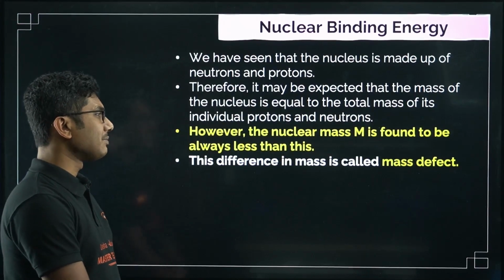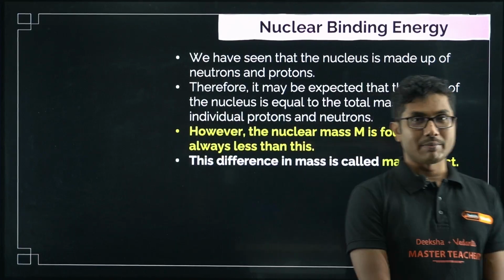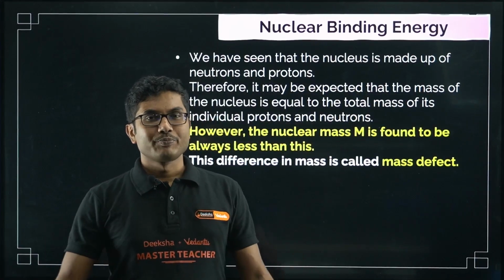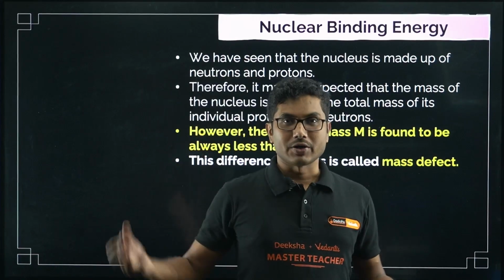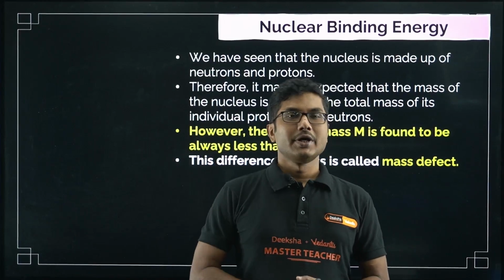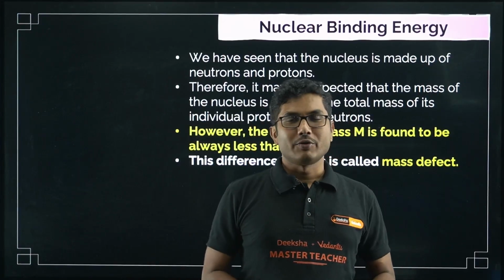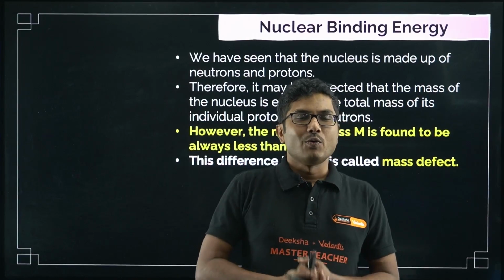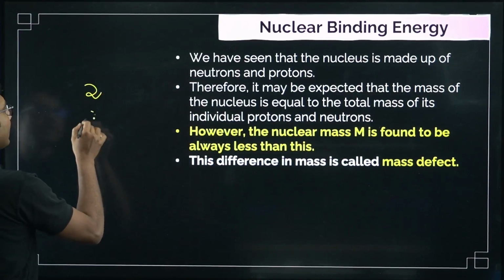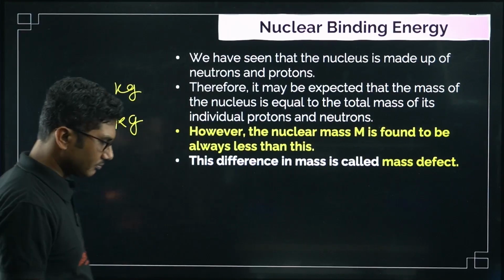This difference in mass is called mass defect. So what you are expecting, I always give you one example, even in your PU board exam as well: you went to a market and brought 10 apples and 10 oranges, say 2 kilograms of apples and 2 kilograms of oranges.